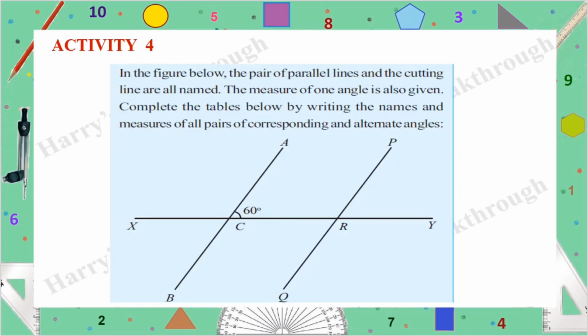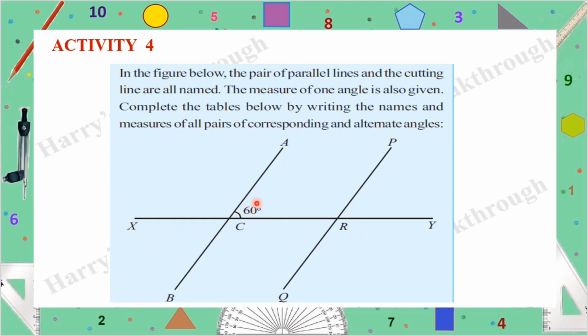In the figure below, the pair of parallel lines and the cutting line are all named. The measure of one angle is also given. Complete the tables below by writing the names and measures of all pairs of corresponding and alternate angles. So here you can see two parallel lines which are slanted and one horizontal line cutting across them, XY.